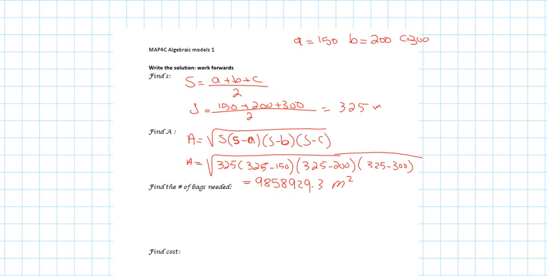It's 13,330. You know why? When you're using the calculator, you need to make sure that you put this whole thing in brackets. If you don't, it won't give you the right answer, because it will do the square root of this, and then multiply by this whole thing.